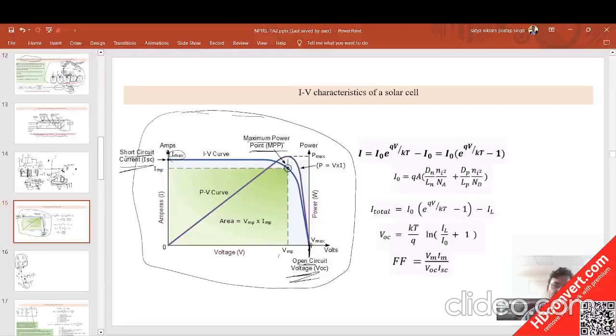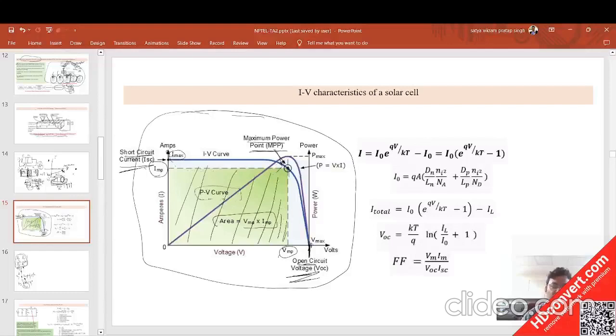If you project that point onto the x-axis, you will get a point that is Vmp, and if you project it onto the y-axis, you will get a point that is Imp. If you multiply Vmp and Imp, this area will come. This is the PV curve. This is the maximum power which can be generated, that is VmpImp.